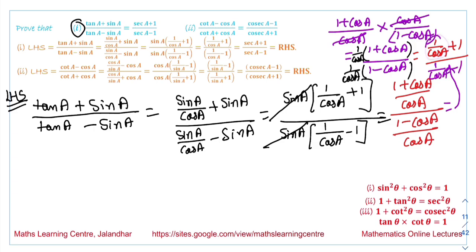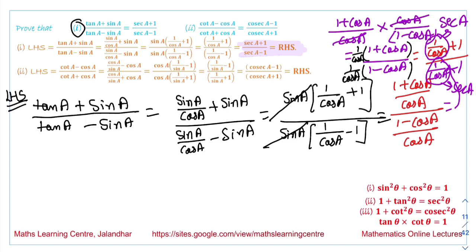And what is 1 over cos A? That is equal to secant of A. So the answer we obtain is secant A plus 1 over secant A minus 1.